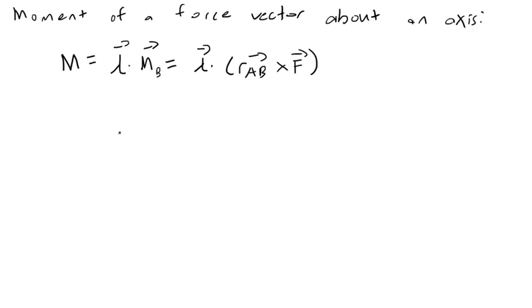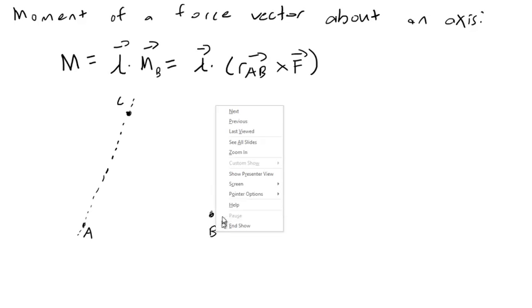So in general, let us say I have an axis that I want to take the moment about. Say this is point A here, maybe this is point C, and then out here somewhere, I have B. I like doing my forces in red if I can.